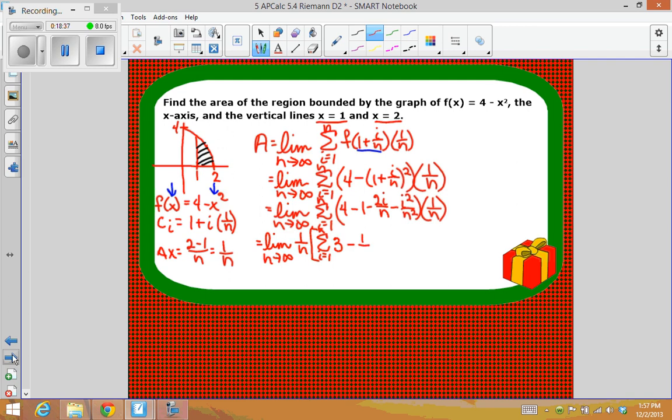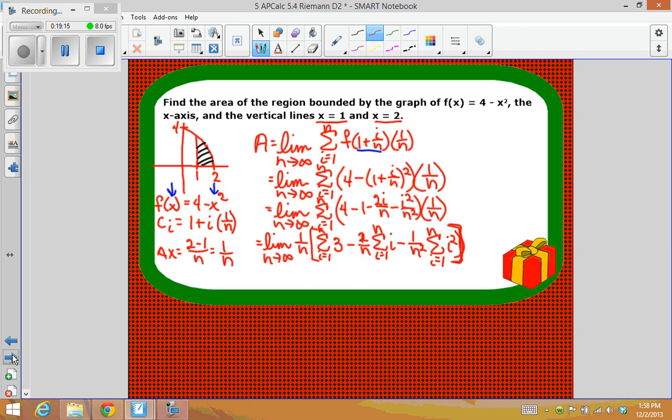Minus, I'm going to pull the 2 over n out in front here, times the sum from i equals 1 to n of i, minus 1 over n squared times the sum from i equals 1 to n of i squared. Bigger bracket, sorry, since that was what I started with. The 1 over n at the end, remember, I pulled all the way out to the front.